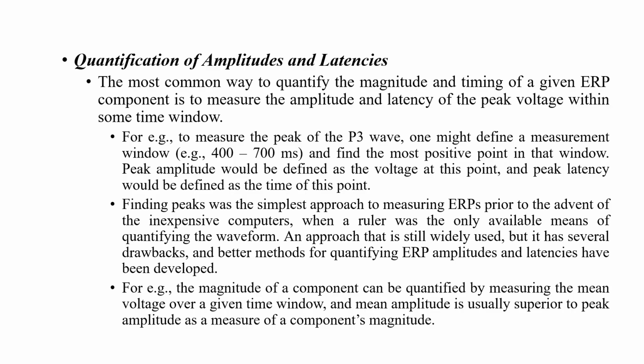For example, the magnitude of a component can be quantified by measuring the mean voltage over a given time window, and the mean amplitude is usually superior to the peak amplitude as a measure of a component's magnitude. So, once you average, the mean amplitude gives you a better and more stable measure than just a single peak over a particular trial.